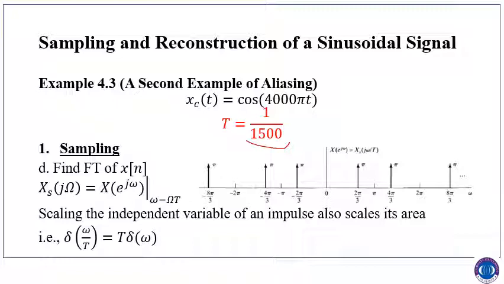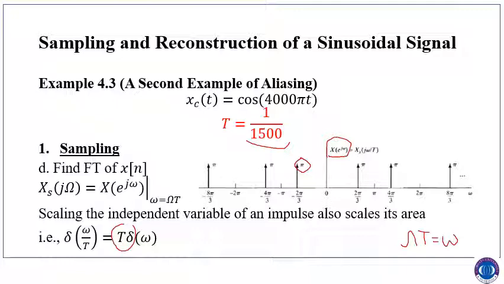So we have obtained X(e^jω). You can obtain this X(e^jω) by multiplying the angular frequency capital omega with T. So we obtain this small omega, and the next thing you need to do is to scale these impulses. So these impulses will scale with T. Previously it was pi by T naught, it will become pi.